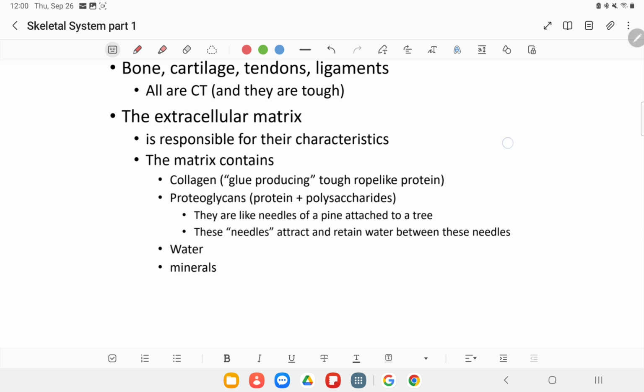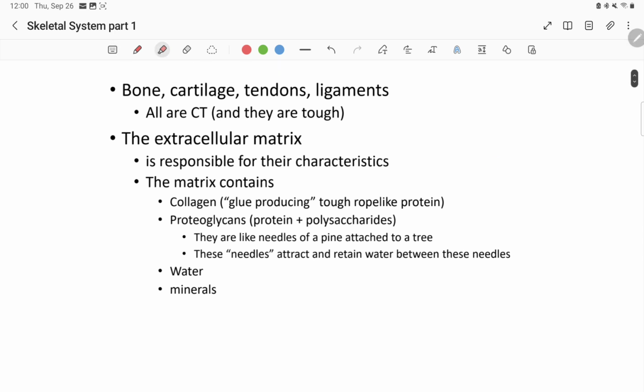So one way you can look at this is you have the cell. Okay, so that's intracellular. And then outside would be extracellular. Okay, so the extracellular matrix is on the outside of the cell.